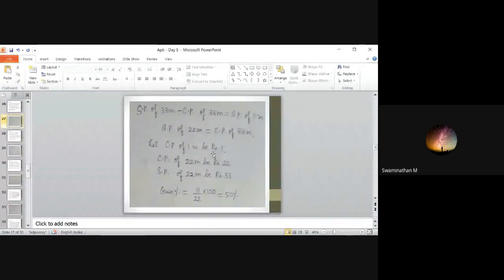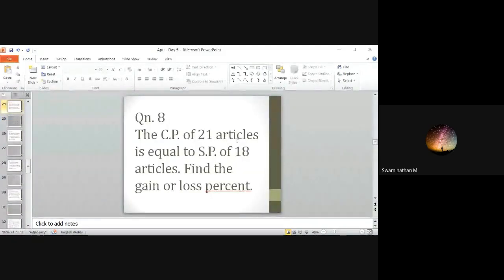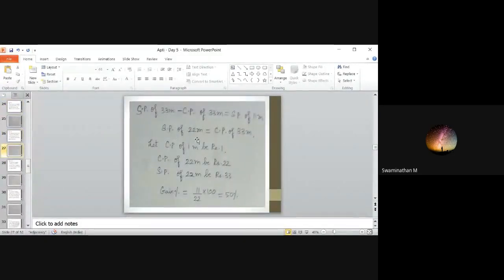Then this statement is like the previous problem. Cost price of 21 articles is equal to selling price of 18 articles. It is similar. Selling price of 22 meters of cloth is equal to cost price of 33 meters. Now you can assume the cost price of 1 meter is rupees 1 and the cost price of 22 meters will be rupees 22. So the selling price of 22 meters will be equal to the cost price of 33, which is 33.